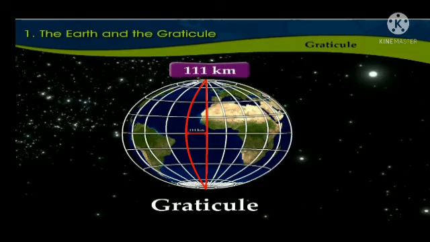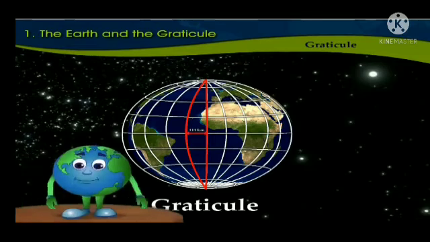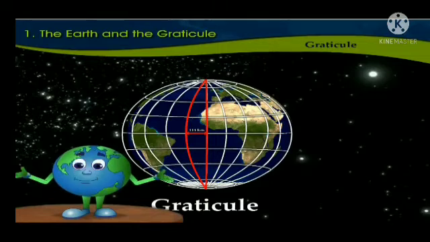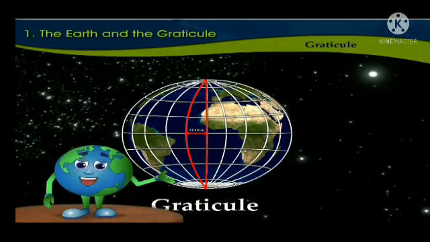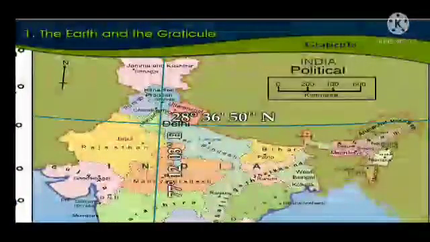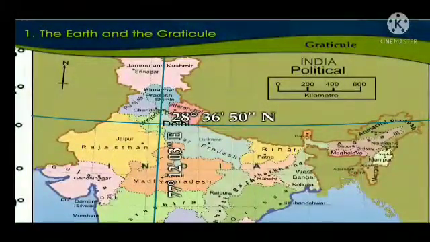In order to determine the accurate location of places within this 111 km, it is necessary to divide the unit degree into smaller units. Degrees are divided into minutes, while minutes are divided into seconds. The latitudes and longitudes are expressed in degrees, minutes, and seconds.